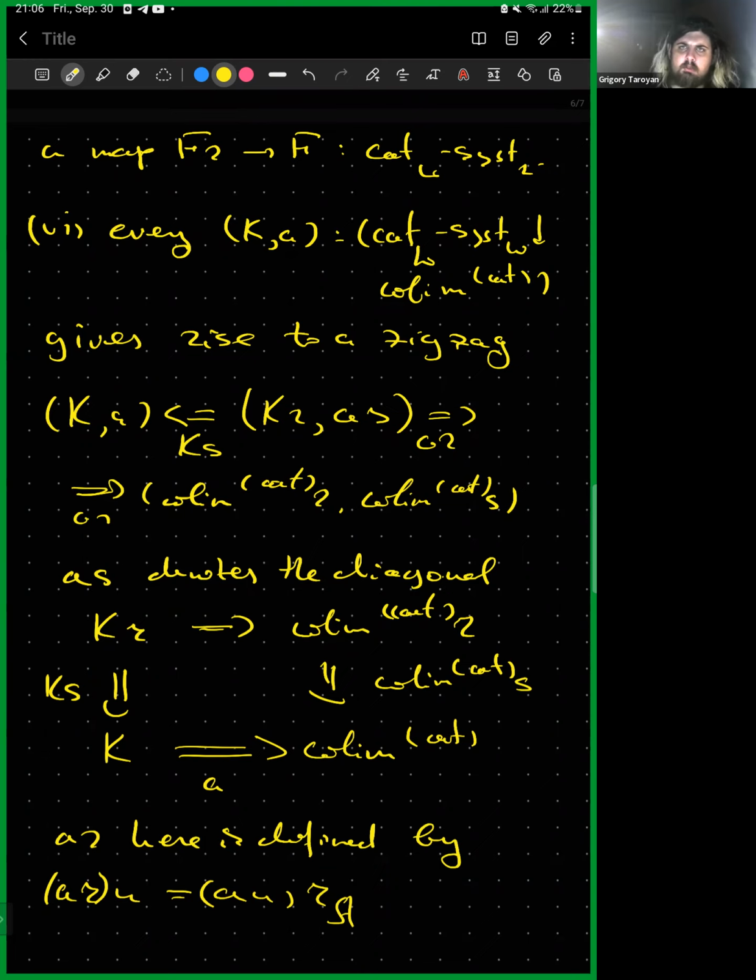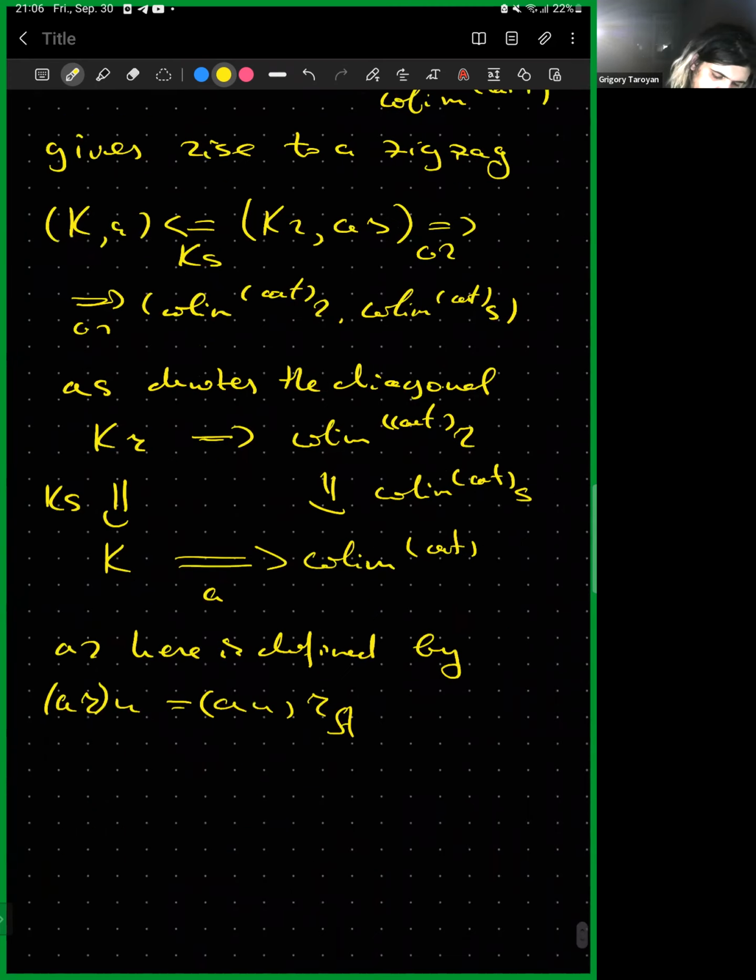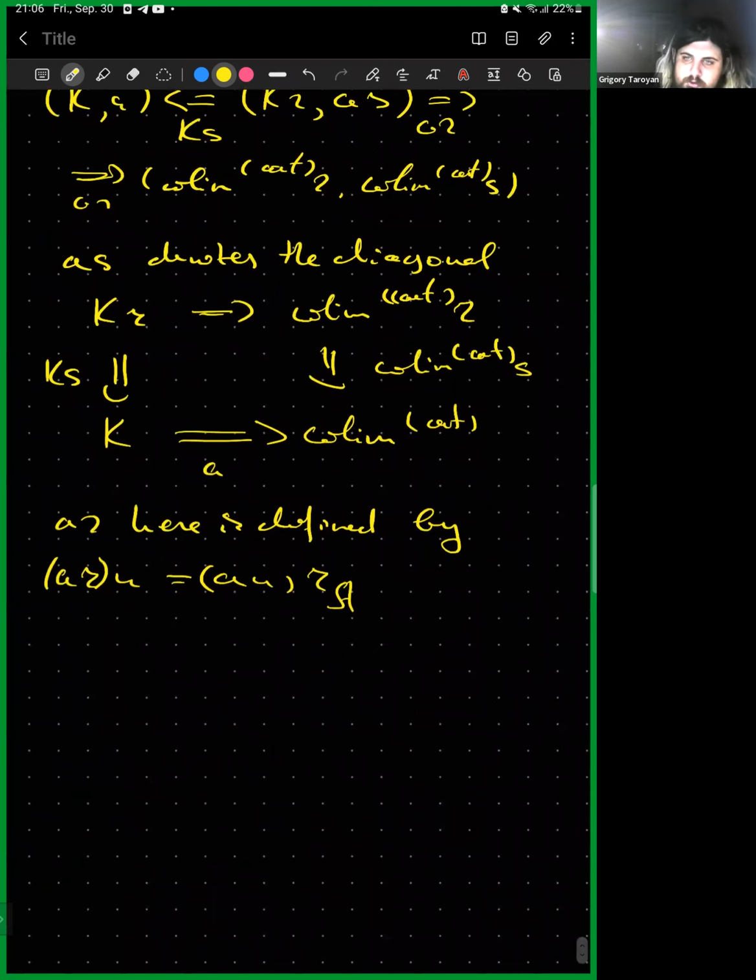Now we see that the second point about existence of homotopical limit systems on an arbitrary model category is a consequence of the following.